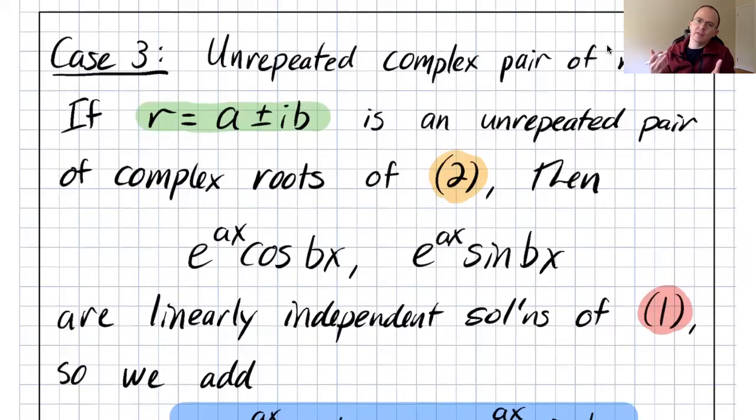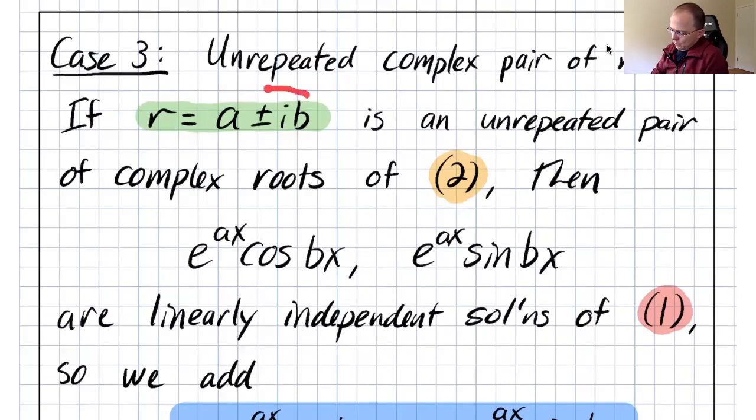That comes from the quadratic formula: if you take the square root of b squared minus 4ac and that ends up being negative, you're going to get this plus or minus I times something. So if we have one complex root, we have the corresponding complex root as well, which is called the conjugate. If you change the plus to a minus or minus to plus, that's called the conjugate number.